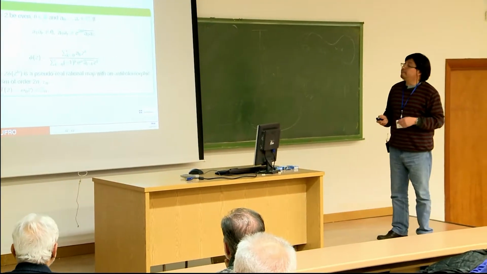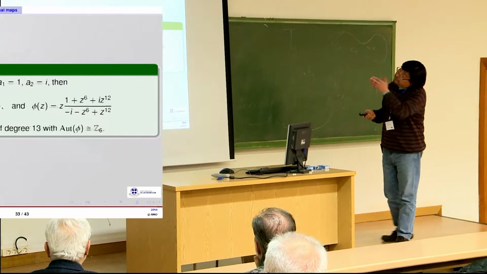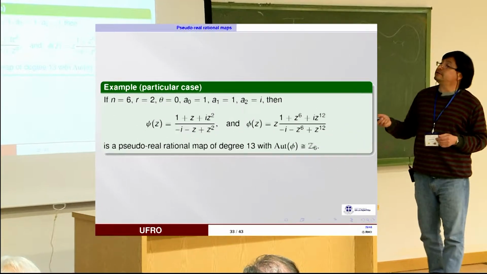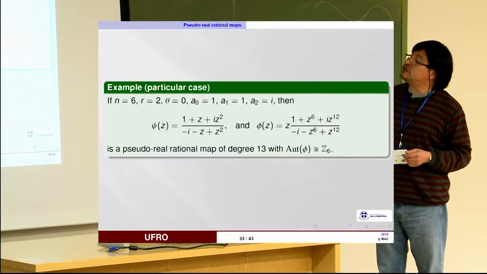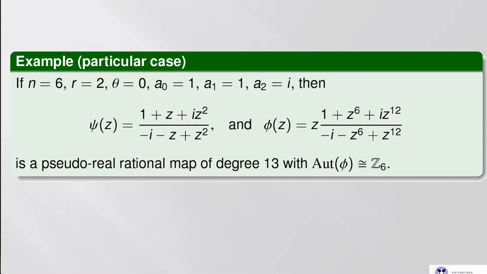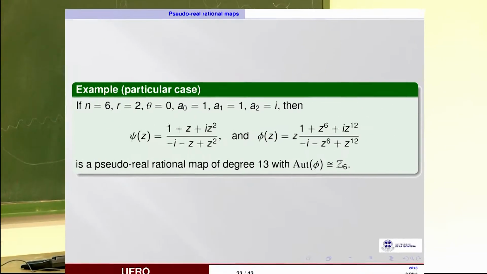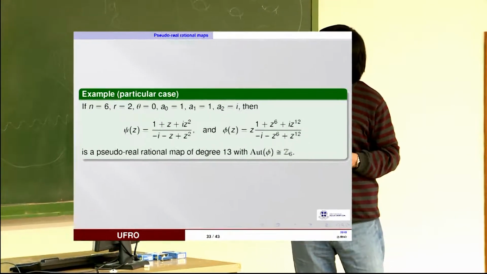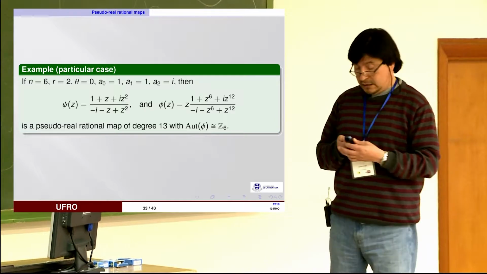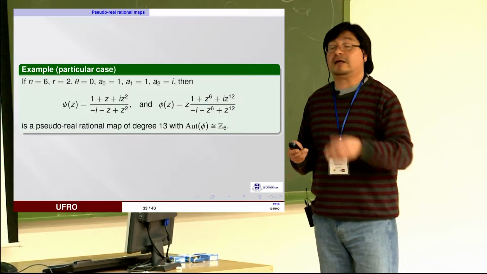Yeah? For example, you just put in n, C and all these numbers, and the rational map turns out to be this degree 12 one, and this one is a rational map of degree 13, whose group of holomorphic automorphisms is the cyclic group of order 6, and the anti-conformal automorphism generates the C12 group. So you can construct explicit ones if you like.